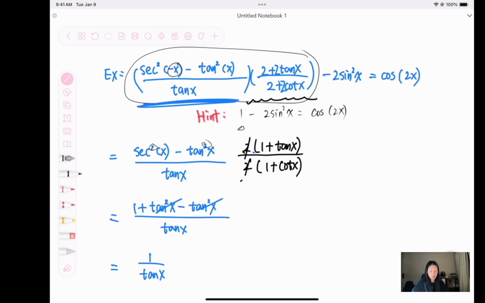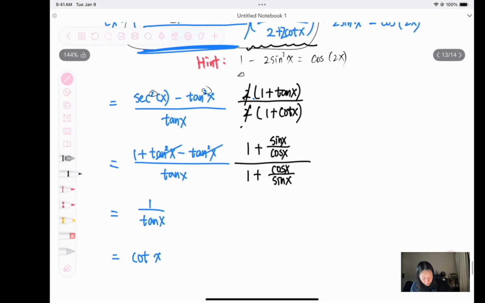These two got cancelled. Tangent x, cotangent x, we write that as sine and cosine. So I have 1 plus sine x over cosine x over 1 plus cosine x over sine x. You can either choose to find the common denominator or multiply by the common denominator. Let's just do the common denominator thing.